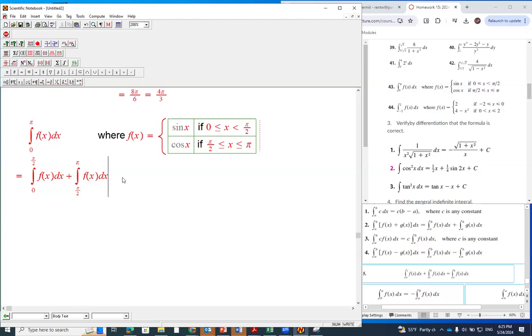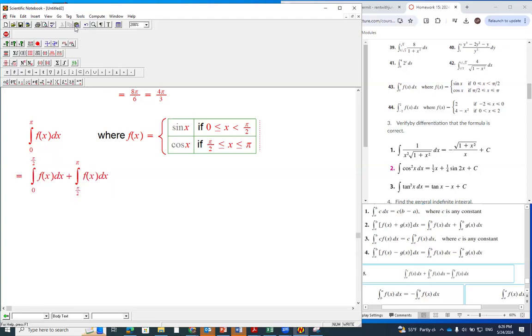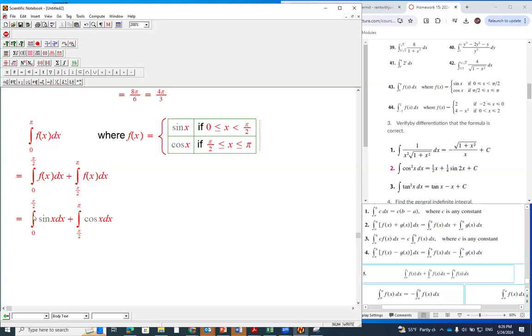Or you can go straight to the next step, because between 0 to pi over 2, the rule of the function is sine x, and in the other interval it is cosine x. So this step can be skipped. But be careful, you have to mark the intervals properly.